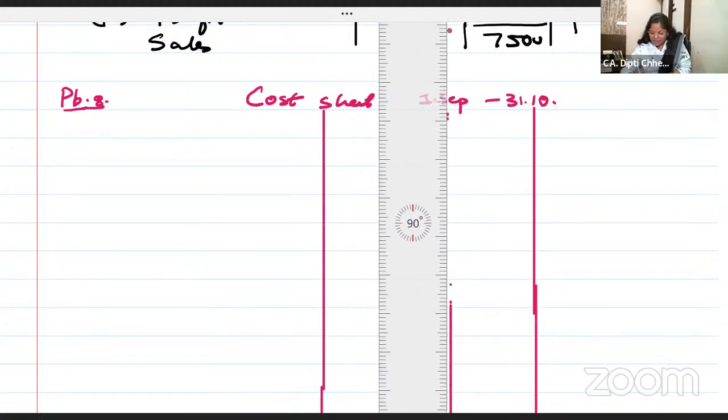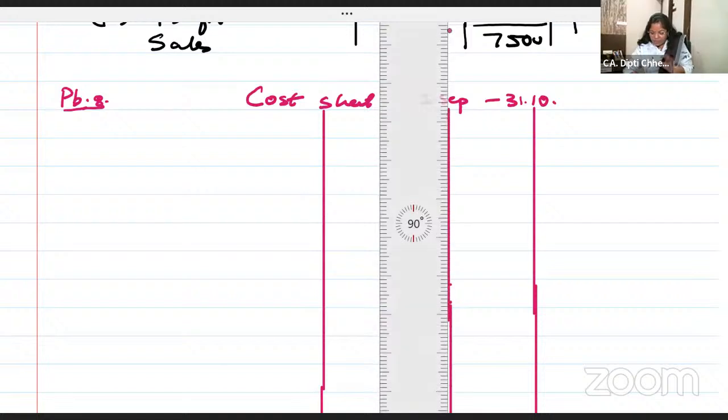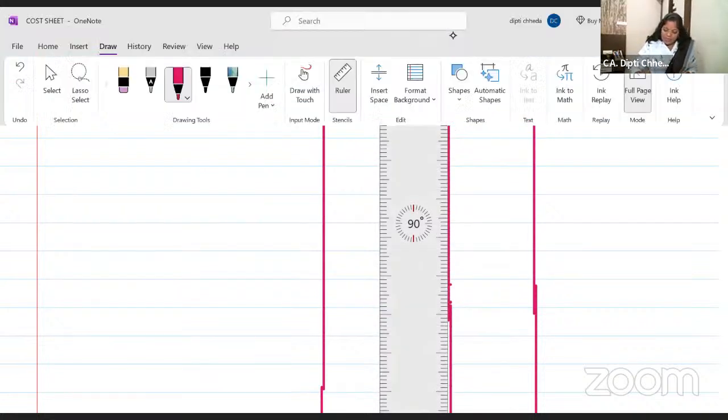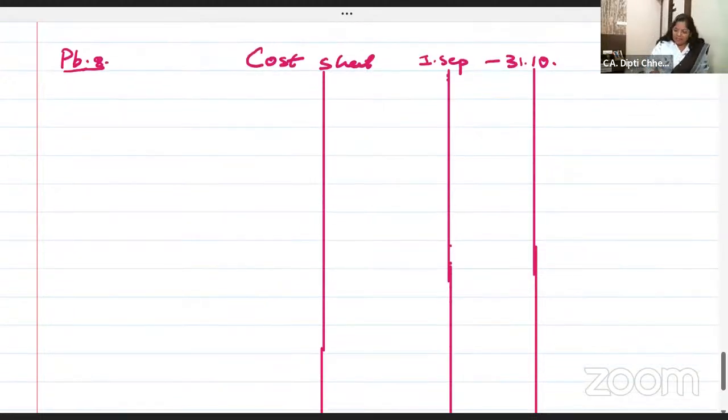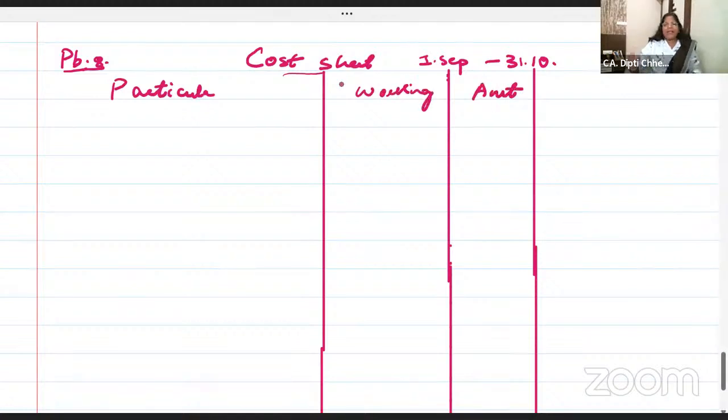See, C for costing and C for creativity. Did you observe so many problems we have done? Not a single problem is the same. So with every problem, what should be our mindset? That should be very, very clear. Particulars, working, amount. Should I write in thousands? No, because they didn't give in thousands. Now, whatever data is available, put it in the notebook.